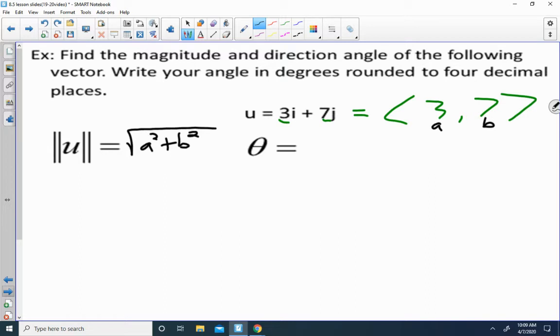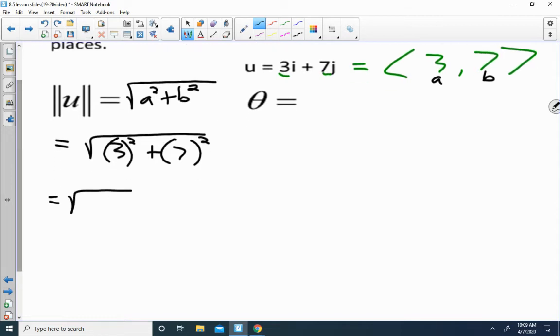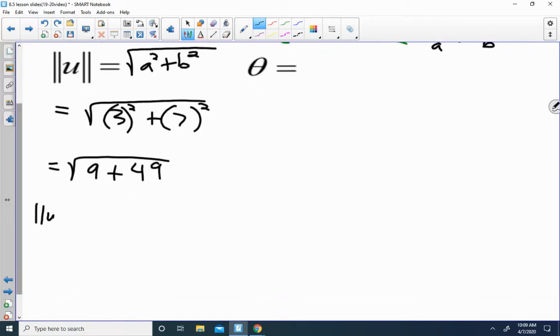So let's go ahead and use that to find our magnitude. So we're going to have 3 squared and then plus b squared, which will be 7 squared. Go from there. 3 squared is 9, 7 squared is 49. And then just add those together, and you get that the magnitude will be the square root of 58.